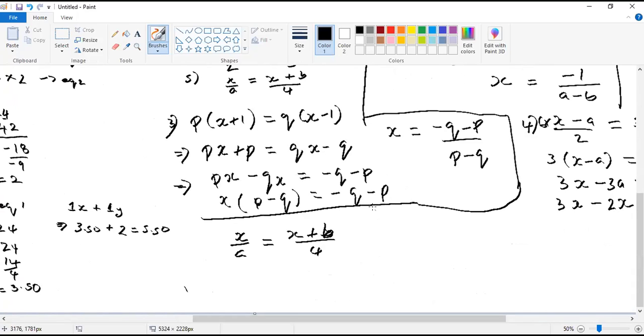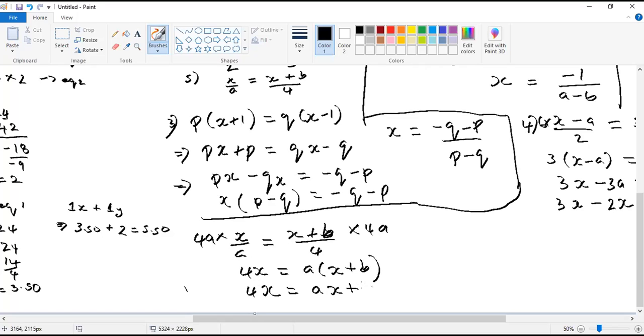So we can multiply both sides by 4a, right? So both sides, this will just give you 4x, and this just gives you a, in bracket x plus b.